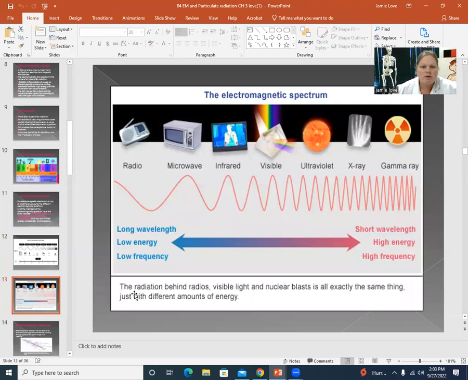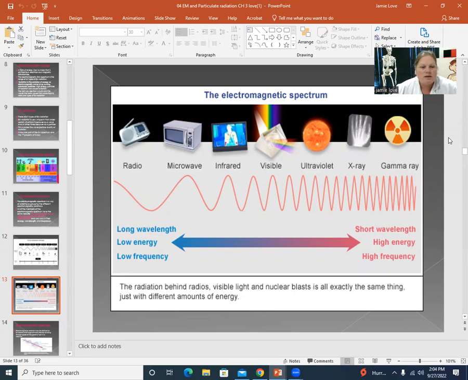But I like this one the best because it tells you that relationship. Once we get to UV, that ends the ones who are non-ionizing. X-ray and gamma are considered ionizing. Their energy levels are so high that they can ionize atoms, specifically talking about our patient, the atoms inside of our body. If we have ionization happening, that's when damage can occur.